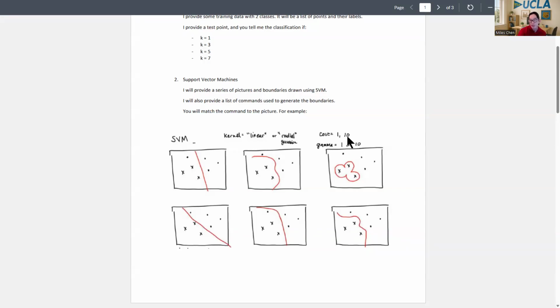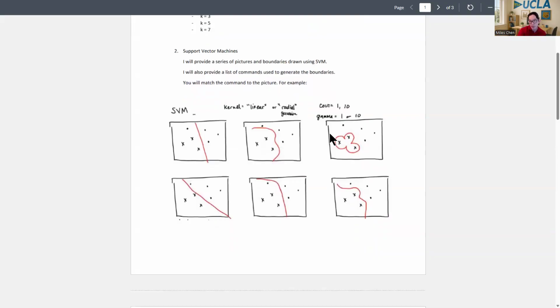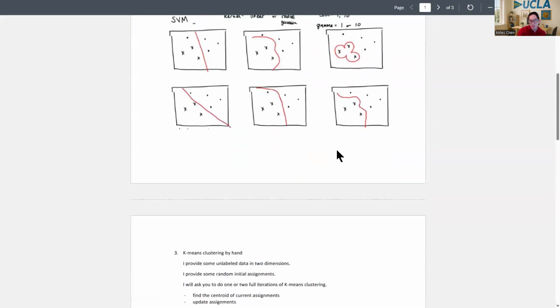You have an example in, I think, homework 4, where there are SVM boundaries drawn with different values for cost and gamma on the radial basis. I would say just fiddle around with that and get a better feel for how different values of these parameters will draw different boundaries.